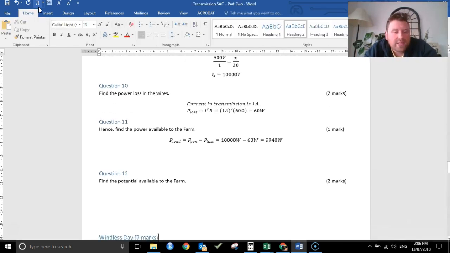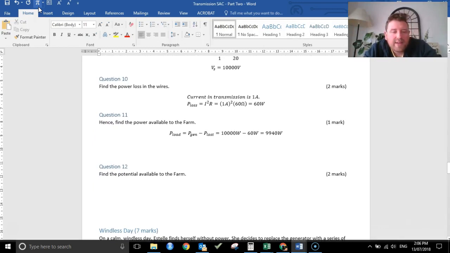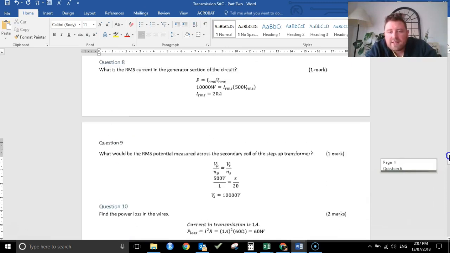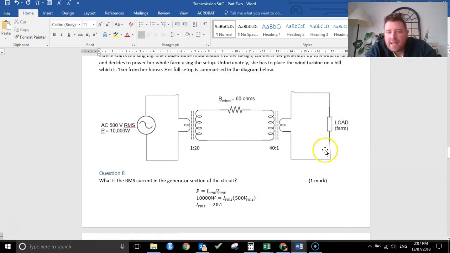Okay, question 12, find the potential available to the farm. A few different ways to do this. We know that the farm's getting 9,940 watts, and we actually know that the current inside that area here is going to be, well, if there was 1 amp going through here and the voltage got stepped down by a factor of 40, then the current must have got stepped up, so there must be 40 amps going around in here.